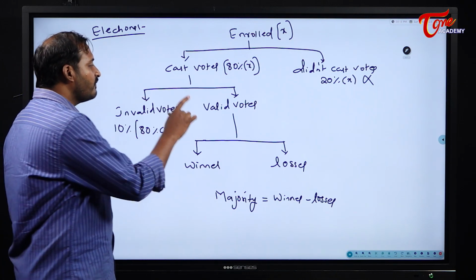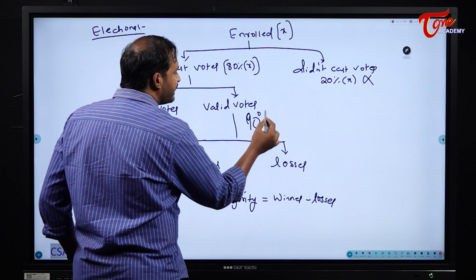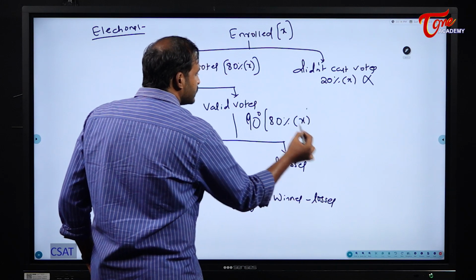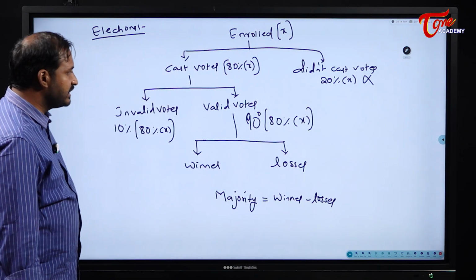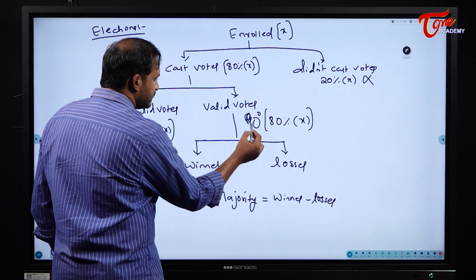Remember. Now what about valid votes? If 10% are invalid, the remaining 90% becomes valid votes. So 90% of 80% of X. Understood?